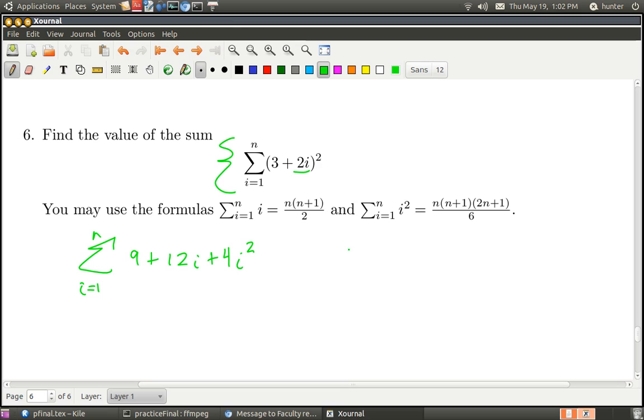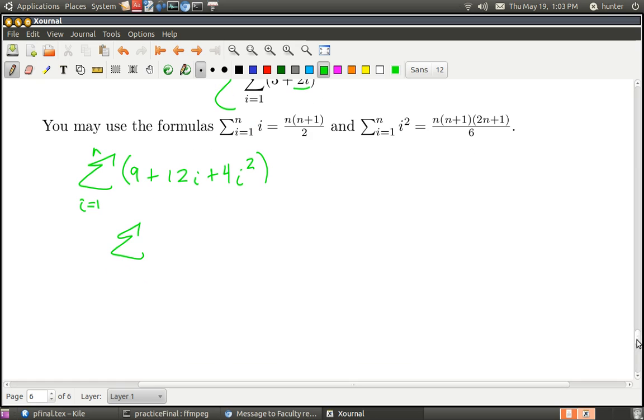Okay, so now we see that things are very nice, right? Because sigma does do nice things with other little pluses. So sigma of something plus something is just sigma of something plus sigma of something. So we can bring in the big sigma.